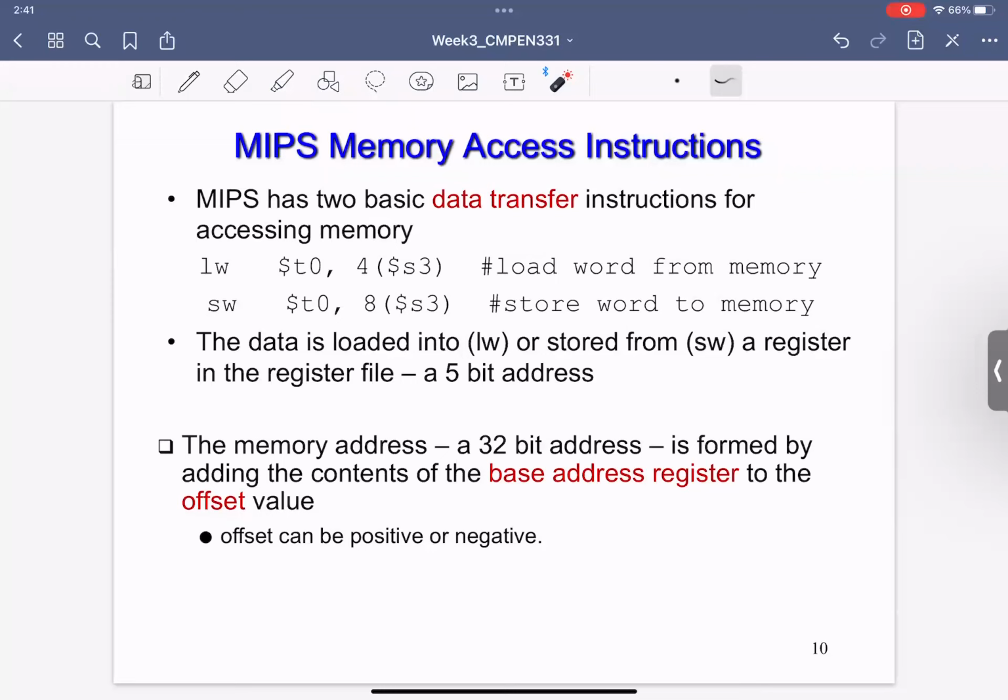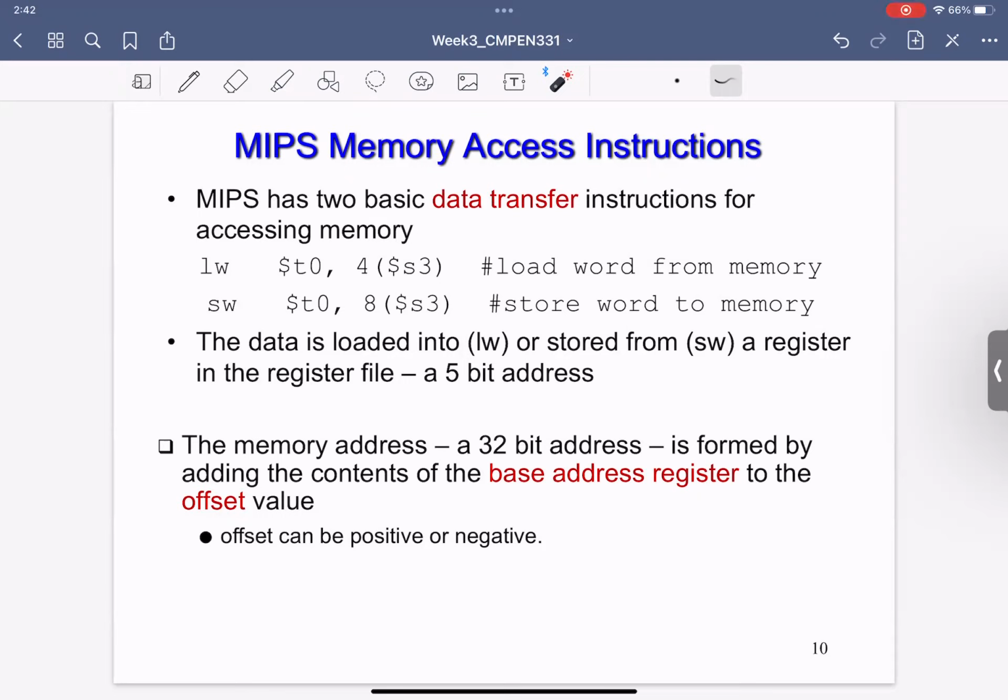The first one is called load word, LW. Load word means that I would like to take something from the memory to the register. Why word? Because the memory, you can think of it as holding words, and I will take that word from the memory to the register.